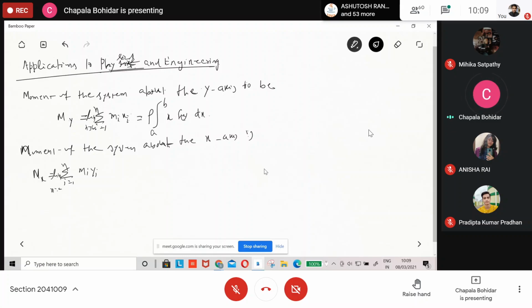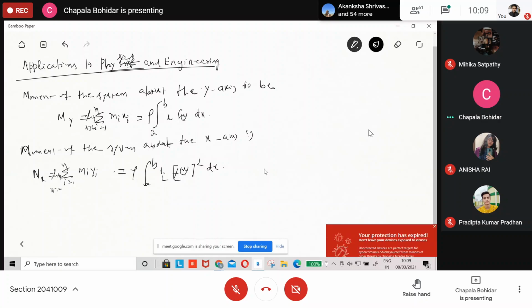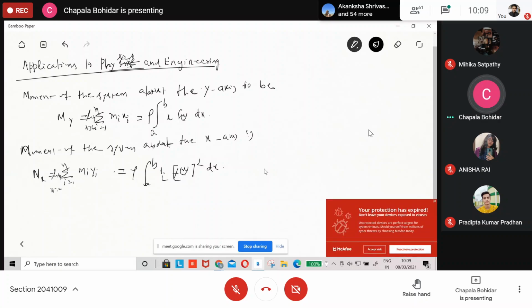Here it is, and here it is also limit n tends to infinity, rho integration a to b 1 by 2 f(x) square dx. Okay, that is the moment of the system.